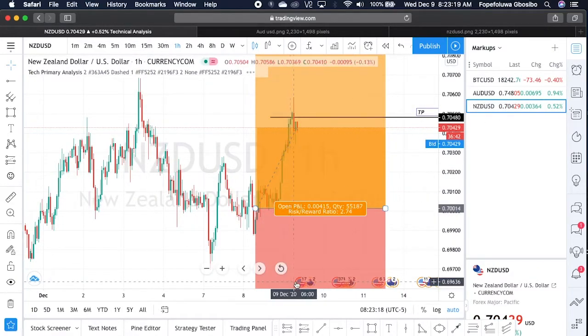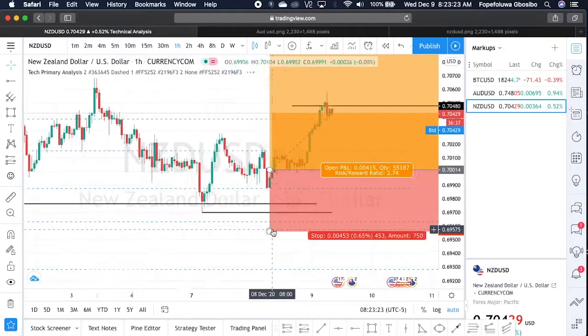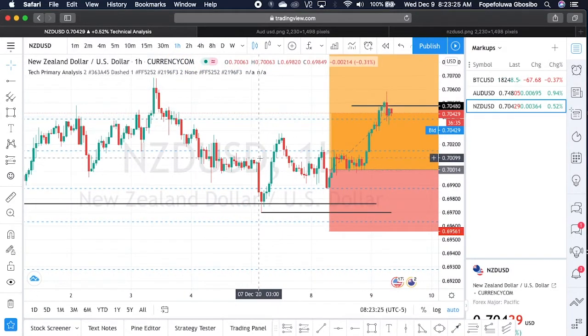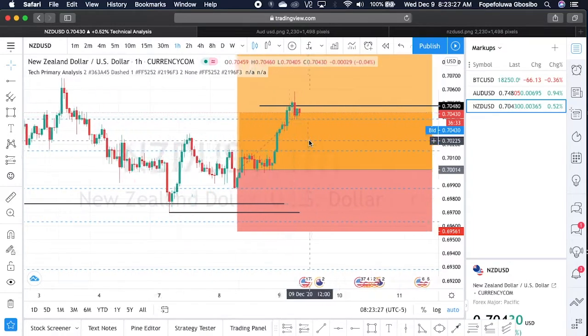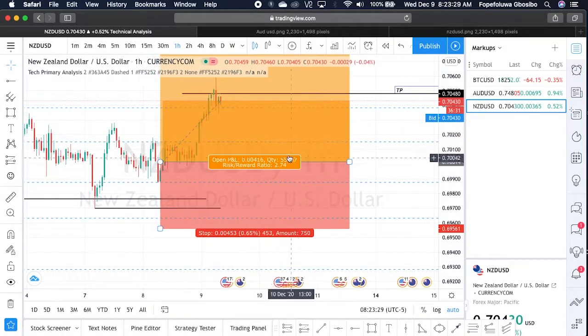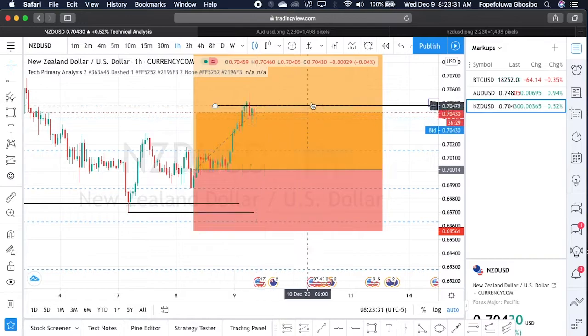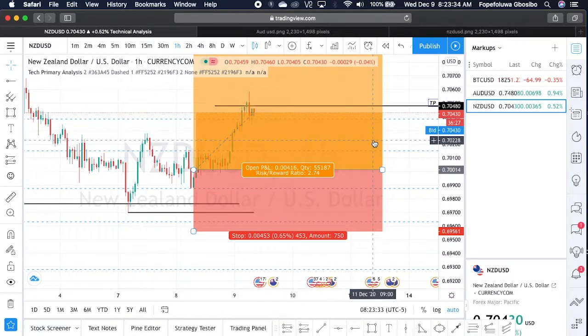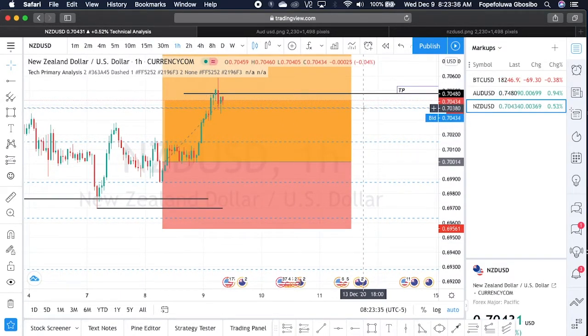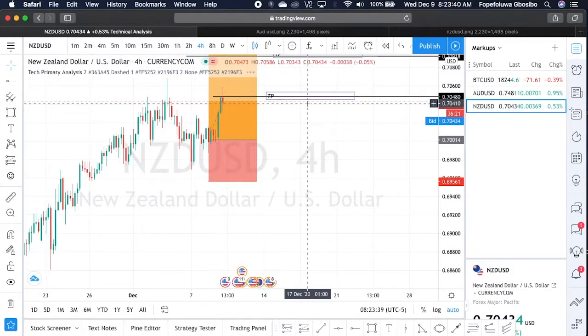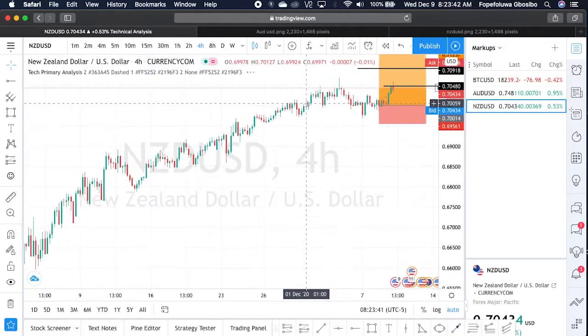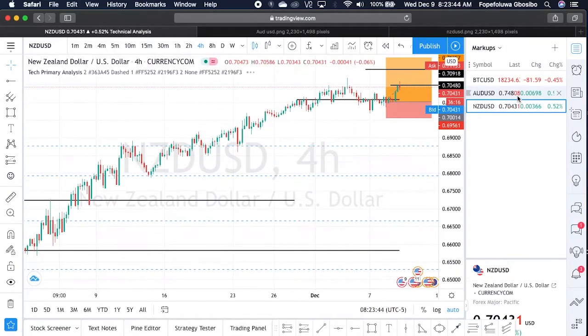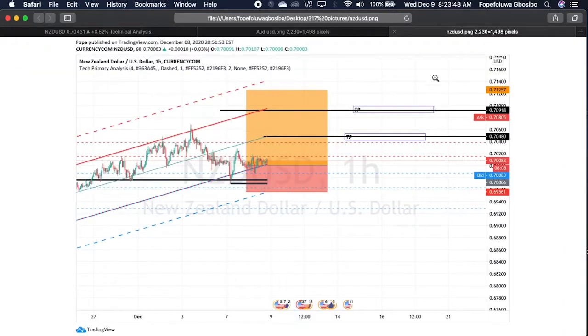Okay, so for NZD USD, it already hit TP1 and it's currently retracing, so it's probably going to hit this line and then shoot back up. I'm going to tell you why and how I took the trade.